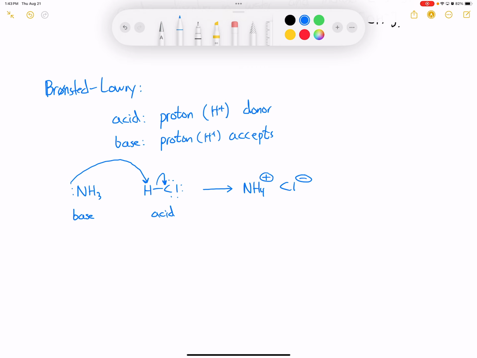So you now have NH4 plus and Cl minus. So this is your ammonium salt. Okay. So remember, any reaction with a strong acid, strong base, with the corresponding acid or base, you'll generate a salt of some kind, an ionic compound. So we went from two covalent compounds. Now we generated an ionic compound. So that's how those are formed.